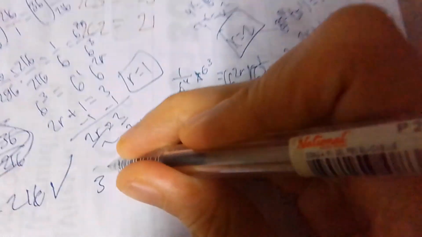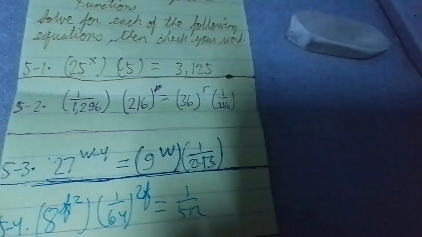So remember, 27 is the same as 3 cubed, right? 3 cubed, and then copy your exponent, which is w minus 4. I'll write it down to be sure. So, 3 cubed to the w minus 4. That's the first one. And it's equivalent to 3 squared, that's 2 times w, because that implies the power law.